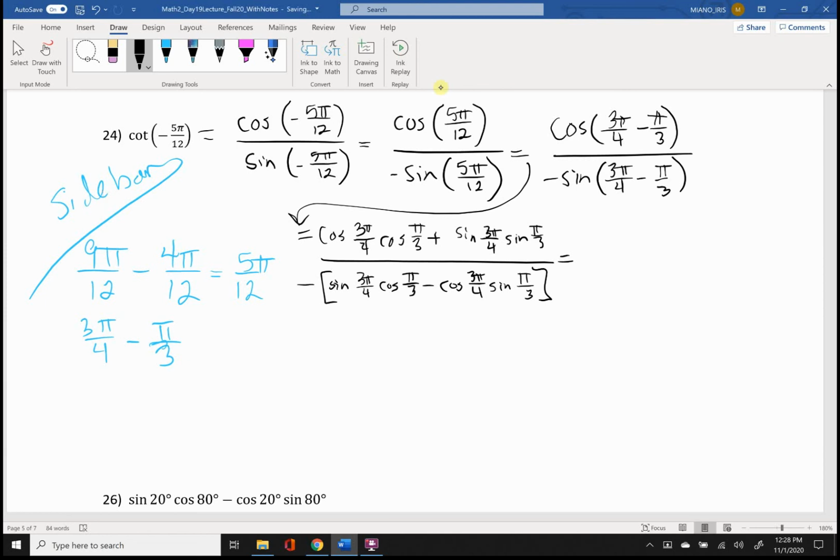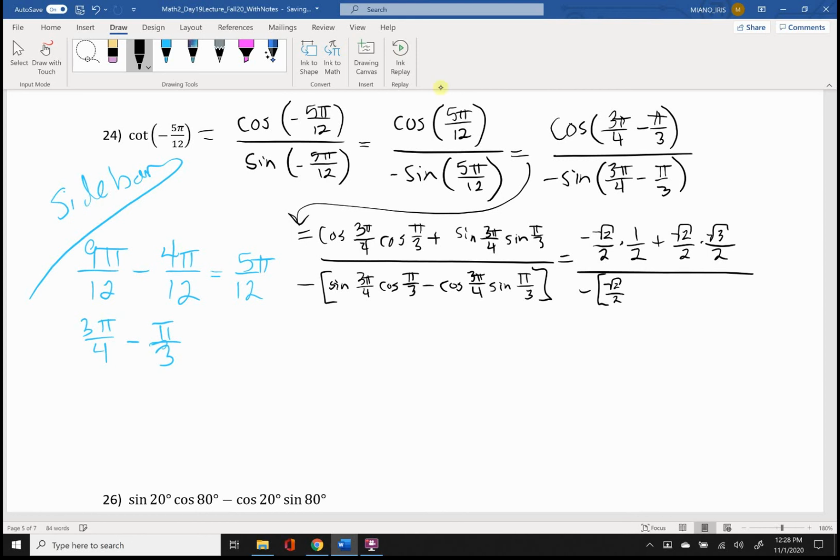So you'll get negative root 2 over 2 for the cosine of 3 pi over 4, and then multiply that by 1/2 because that's the cosine of pi over 3, plus root 2 over 2 times root 3 over 2, all over, and keep that negative sign out in front. We've got to deal with that, but we'll wait for a subsequent step.